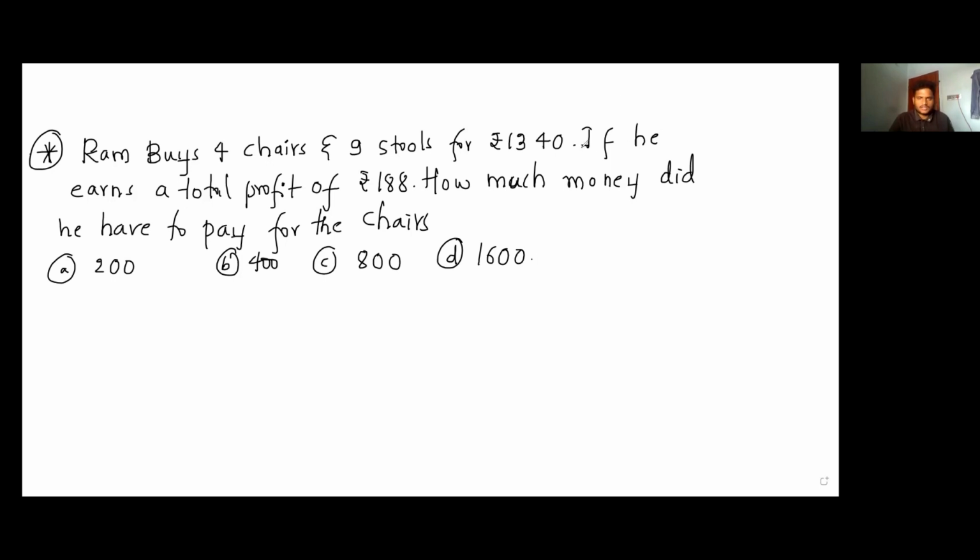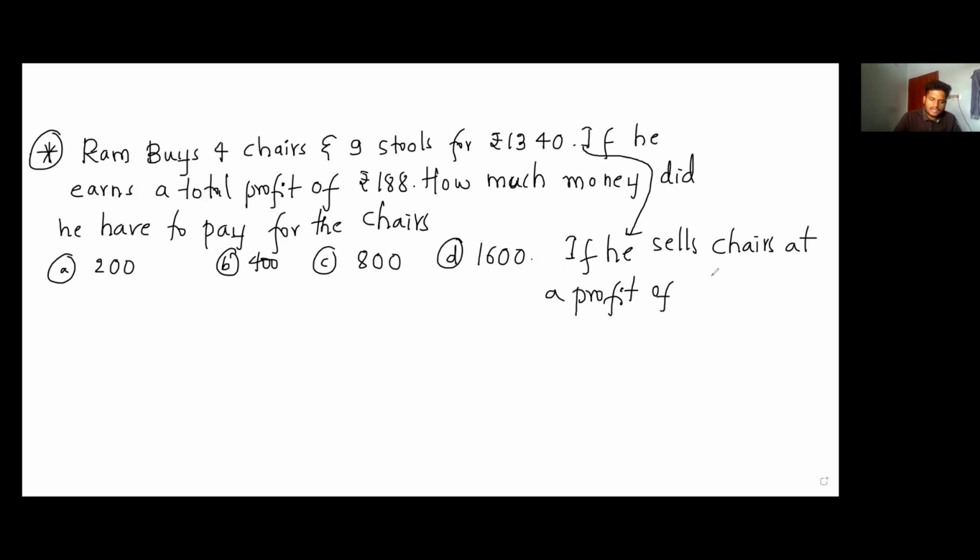If he sells chairs at a profit of 10% and stools at a profit of 20%, then he earns a total profit of rupees 188.